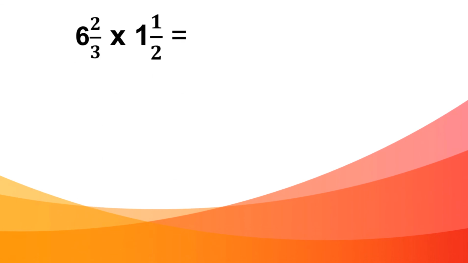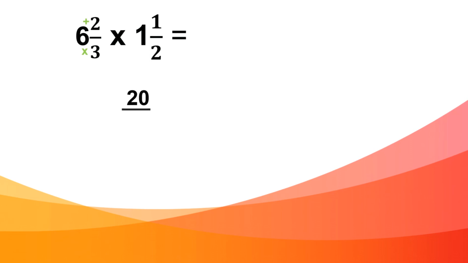Next is multiplying mixed fraction by mixed fraction. So, katulad ng ginawa natin kanina, kailangan maging improper fraction yung ating mixed fraction. Multiply the whole number by the denominator and add it to the numerator. So, 6 times 3 is 18 plus 2 equals 20.